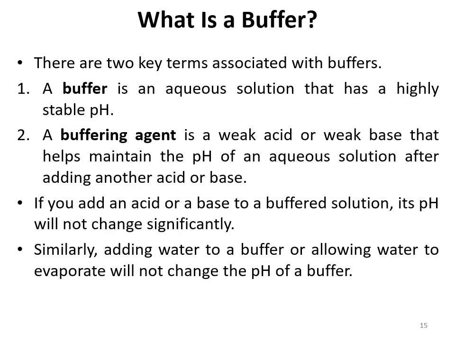We know that a buffering agent is a weak acid or weak base that helps maintain the pH of an aqueous solution after adding another acid or base. So if you add an acid or base to a buffered solution, its pH will not change significantly. Similarly, adding water to a buffer or allowing water to evaporate will not change the pH of a buffer.